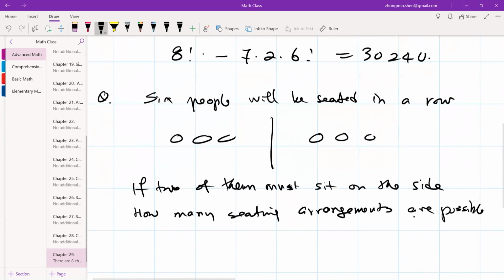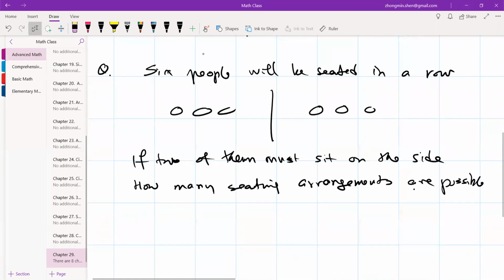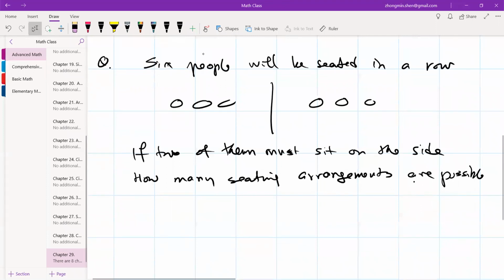Across this middle line, we don't say they are next to each other. 288. Brian Zhang got 288. Any different answers?